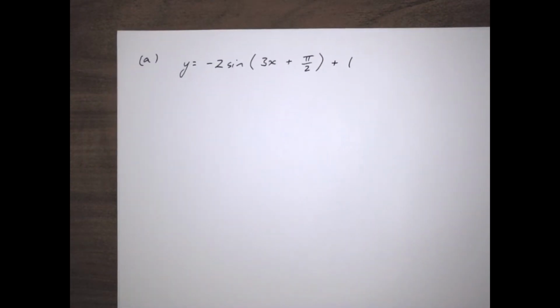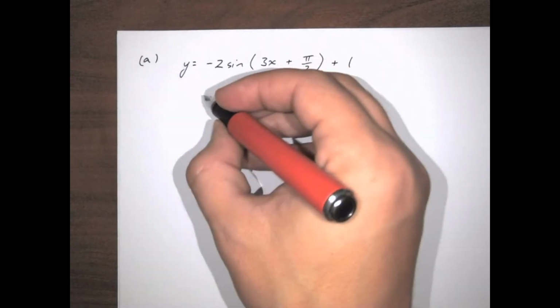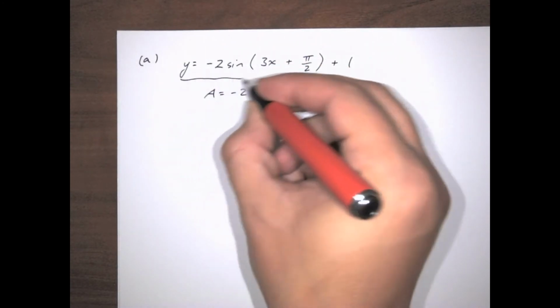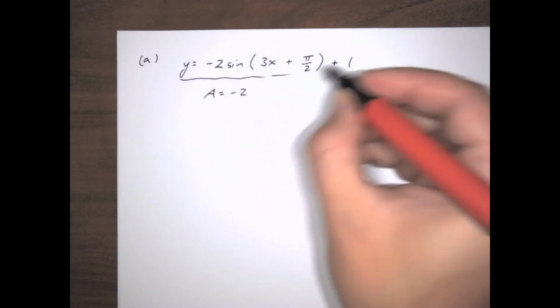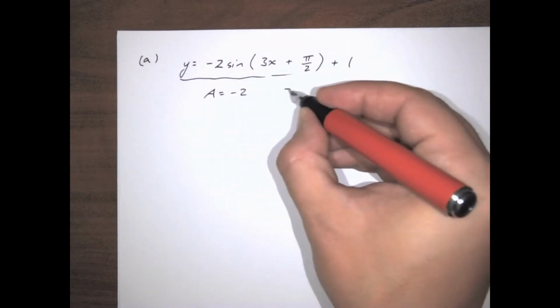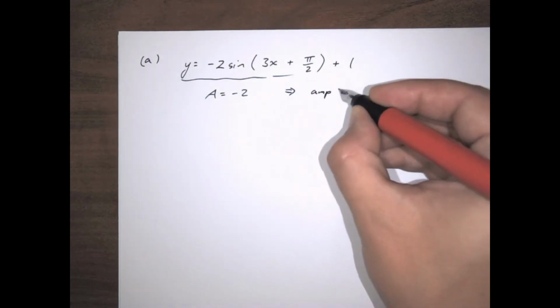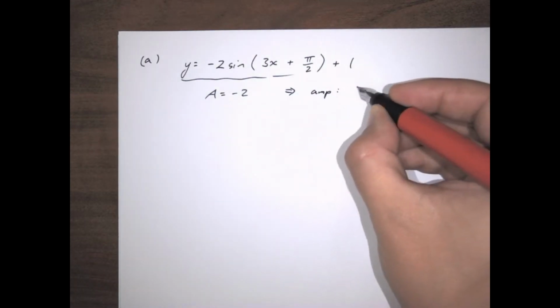Okay. So first things first, let's identify what's playing the role of what. So a here is -2. And that means that the amplitude, which is never negative, will be the absolute value of that, which is 2.